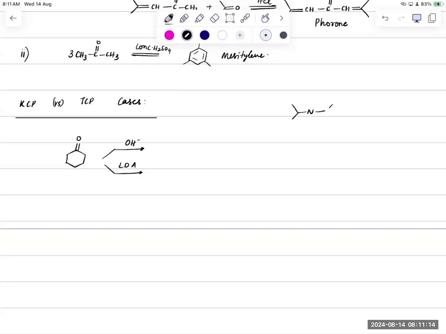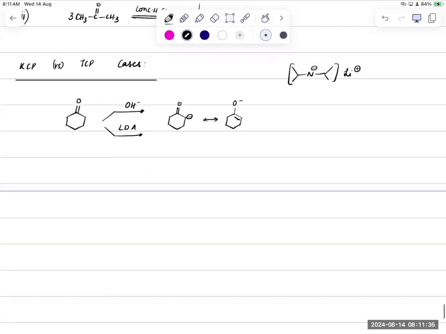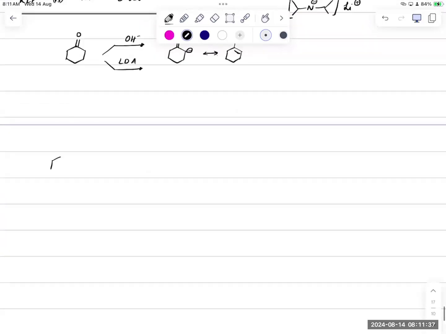This is the structure, N minus and lithium plus. Now, in both cases, because it is symmetrical, we will have a minus formed here, which will be conjugated as an alkoxide ion like this.